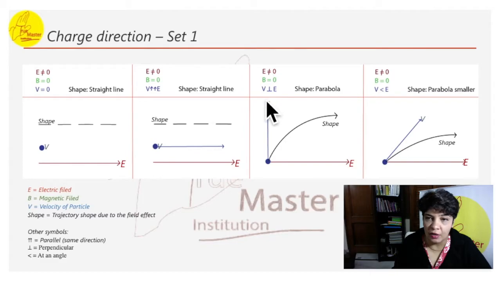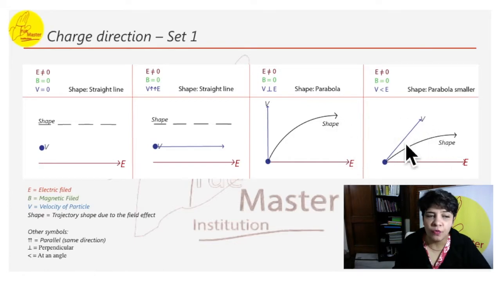So the velocity is perpendicular to E, making a 90 degree angle between the velocity and the electric field. The resultant trajectory will be a parabola. Look at this shape, this is the shape of a parabola.